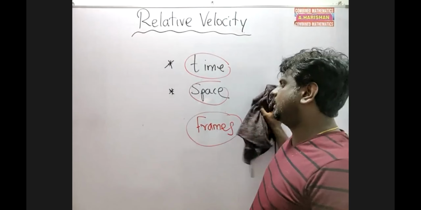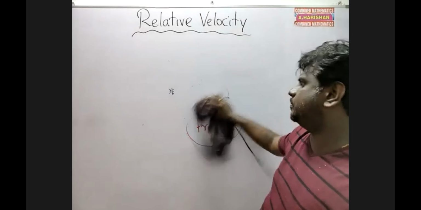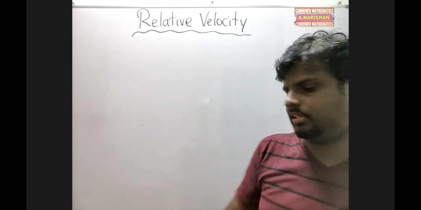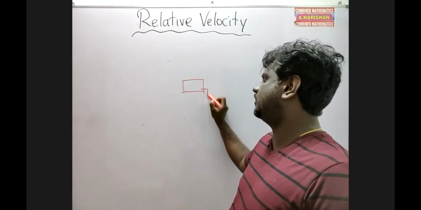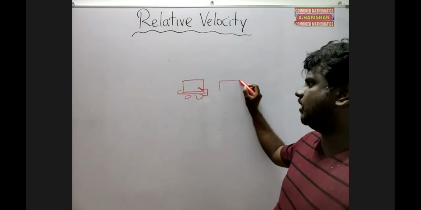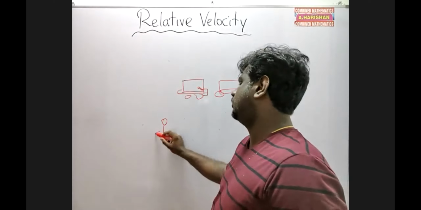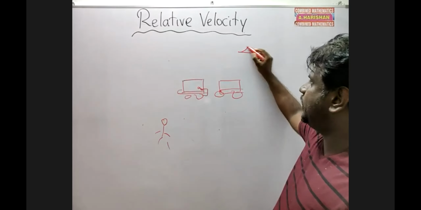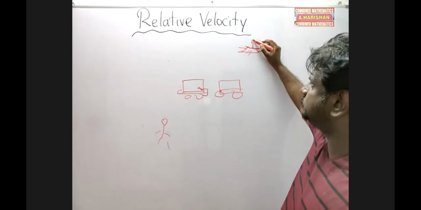What do you mean by time and space don't change? For example, I can explain like this. Say this is a car, and there is a driver, and there is another car, and a driver also, and you are here. You look out, and someone is flying in a plane or helicopter somewhere.